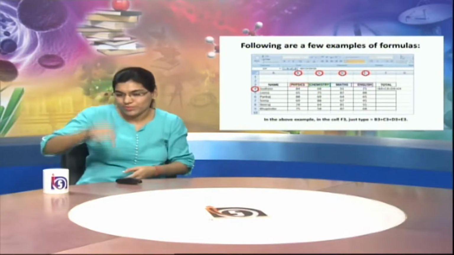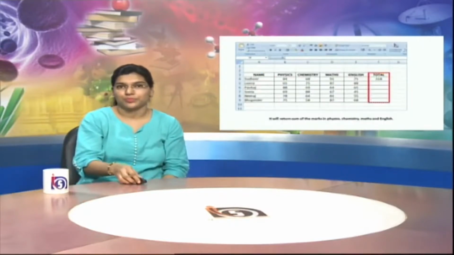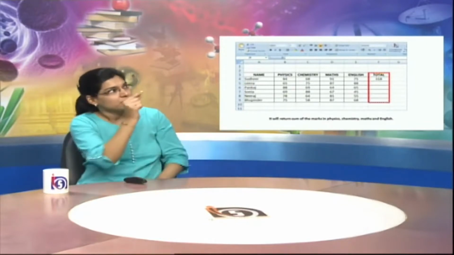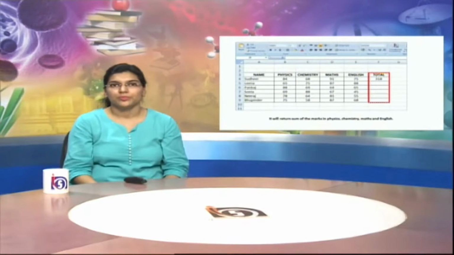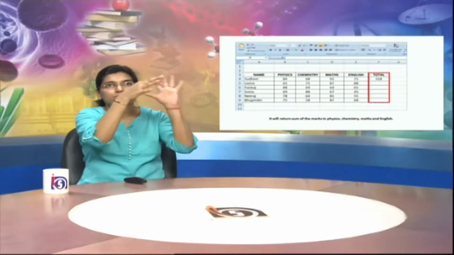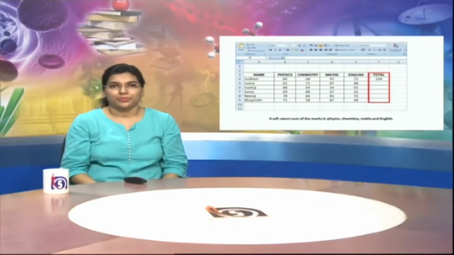So this is used for editing, for addition of all these. And then you will click the OK, next button, and you will automatically find the total of all the marks of physics, chemistry, mathematics, English. So this is the easiest way.